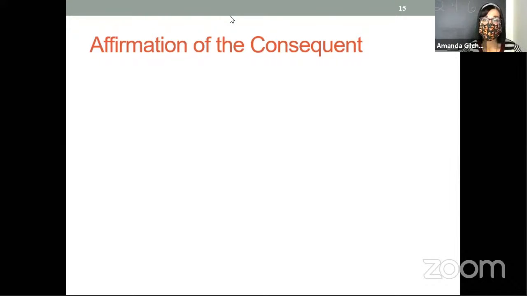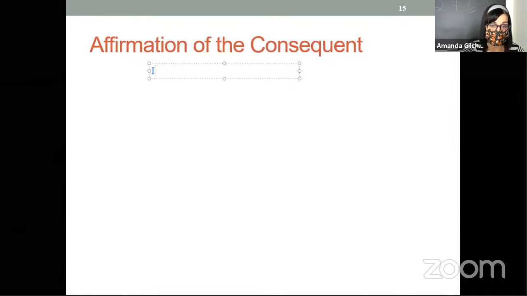So this is a little bit of terminology for you. So if I have an if P, then Q statement, let me go ahead and draw this. So if P, then Q, I'm drawing on an iPad. Apparently my skills look much worse when I'm working with a mouse.